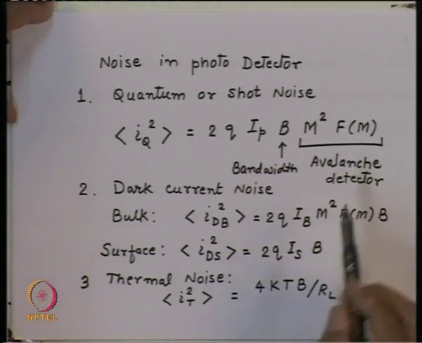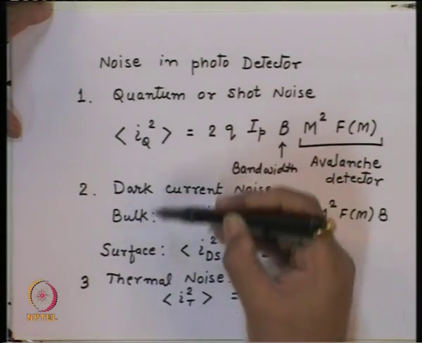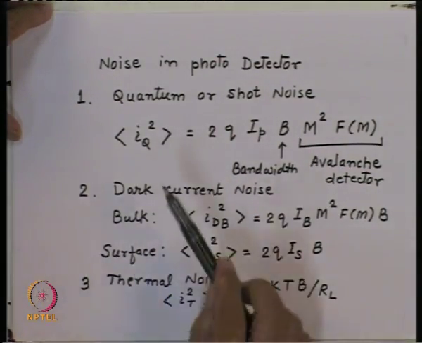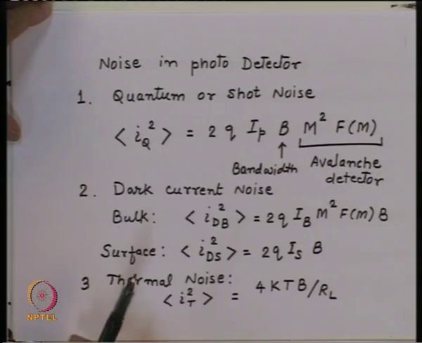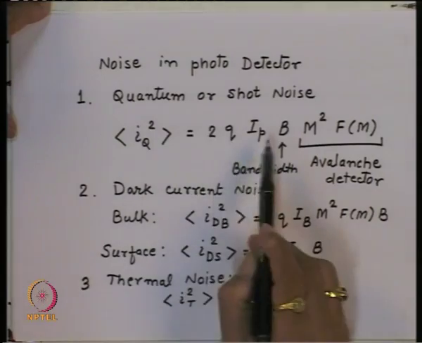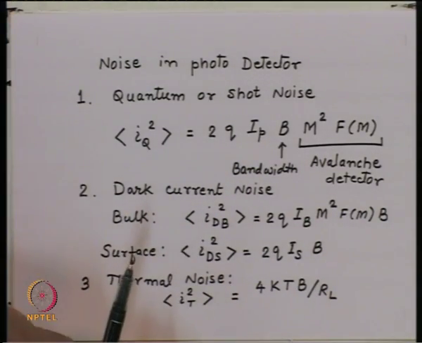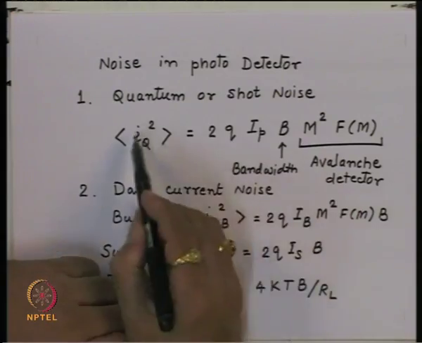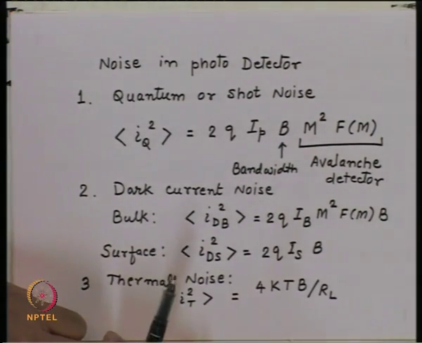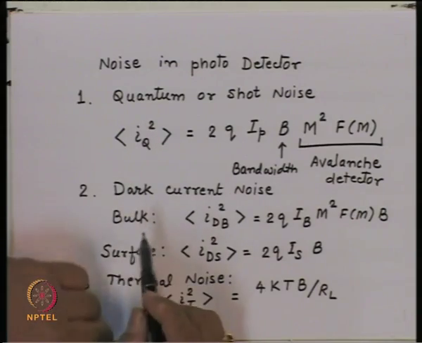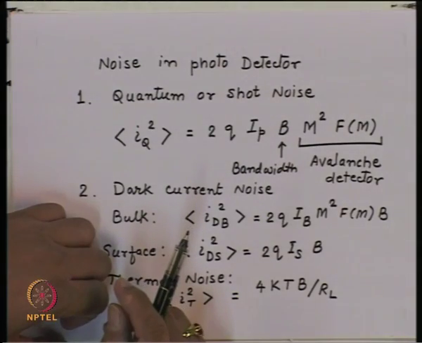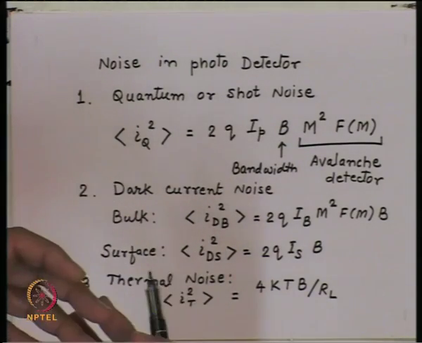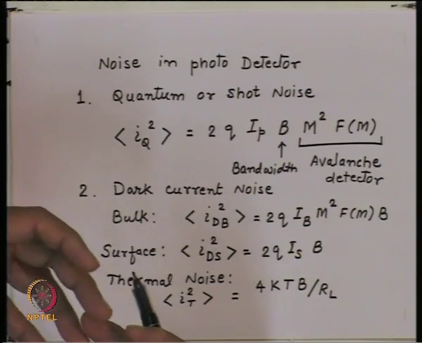So, note here now that when we are talking about these noises, the quantum noise and the bulk noise, they are related to the photocurrent, or in some sense these noises are essentially multiplicative noises. Take for example this one. Since the mean square value of this fluctuation is related to the mean value of the photocurrent, if I increase the photocurrent, the noise also will increase in the same proportion.